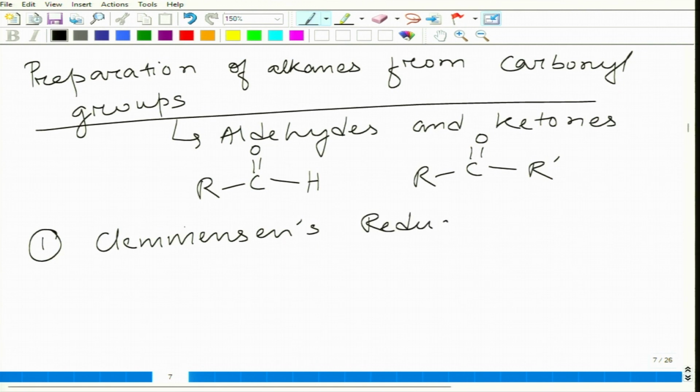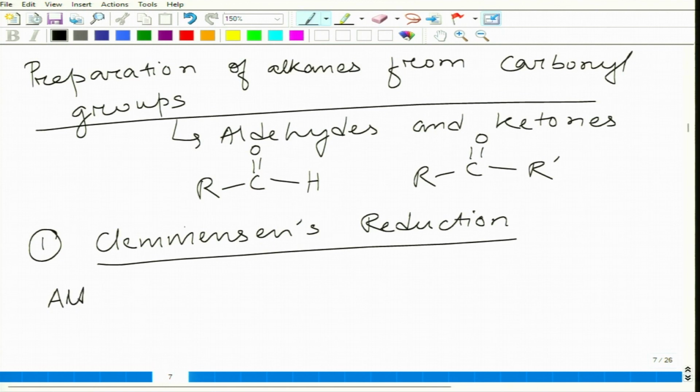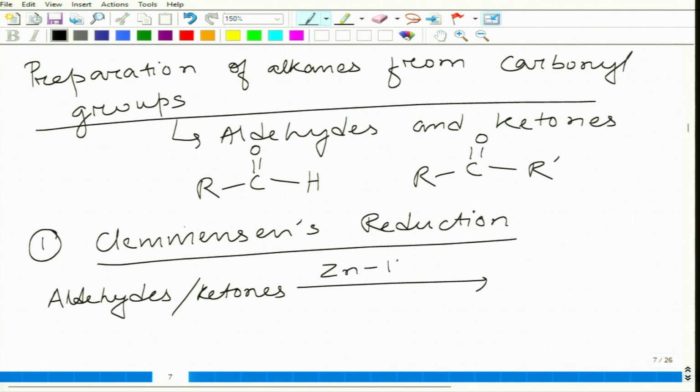Clemmensen's reduction. In this method, aldehydes or ketones in presence of zinc amalgam, that is zinc mercury, and concentrated HCl, that is hydrochloric acid, give alkanes.